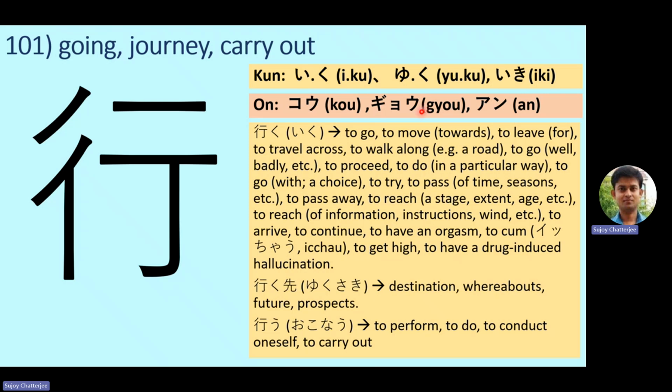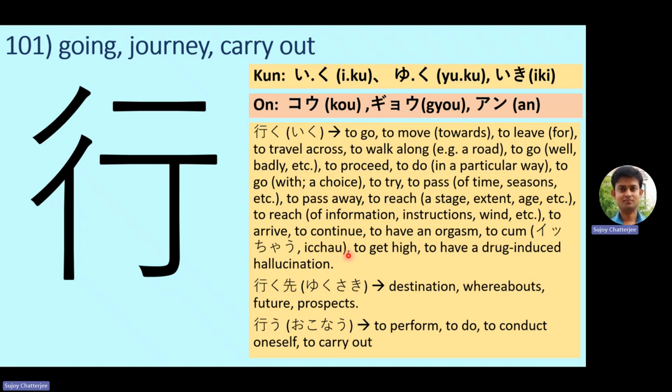For example, as you can see here, this symbol can also be used to mean to have an orgasm, to come, that is to discharge semen at the height of intercourse. In that case, the word is ichau. Ichau is used when you say I am now going to ejaculate, that kind of meaning.